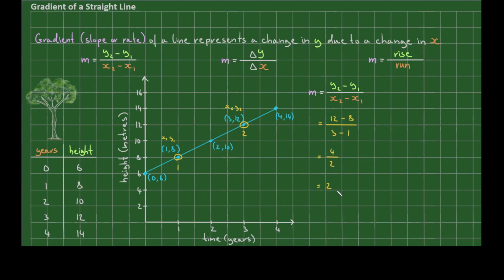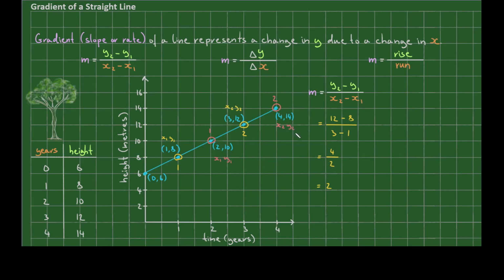In order to demonstrate that which points I choose really does not matter, I'm going to do this whole thing again with 2 different points. This time, I'm going to make this point 1 and this point 2. This means that the coordinate (2, 10) now becomes x1 and y1, and coordinate (4, 14) becomes x2 and y2.